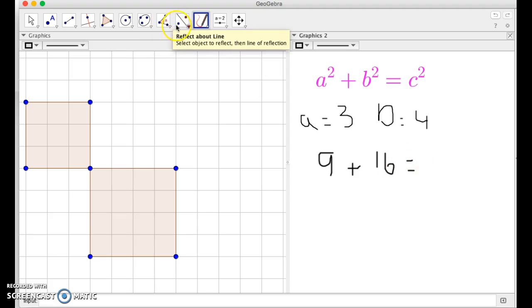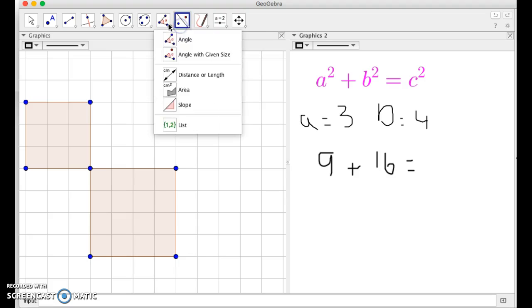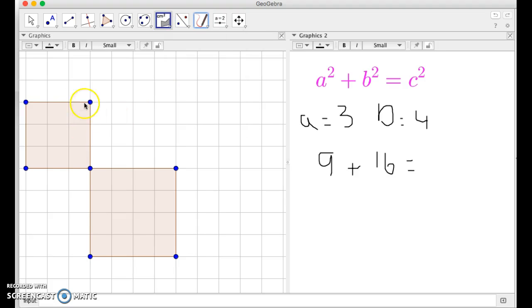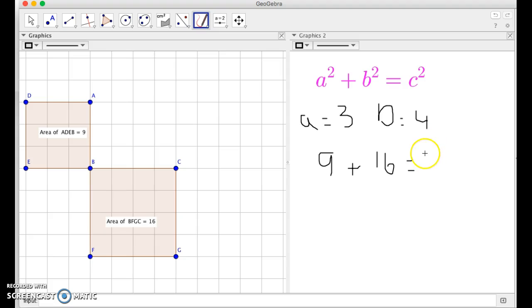Now if we look back at the area of the two squares that we formed, we realize here that our area is 9 and the area of this square is 16. When I add 9 and 16, I get 25, which should be the area of the square that's going to be formed by the hypotenuse.